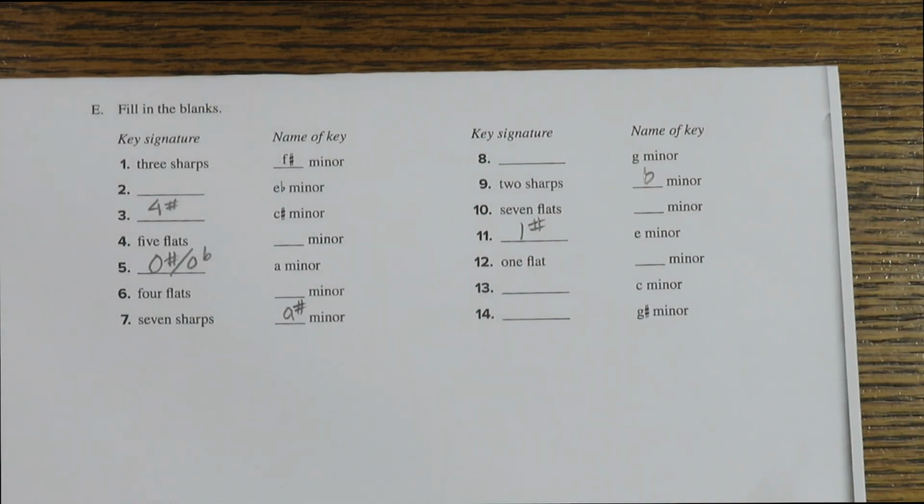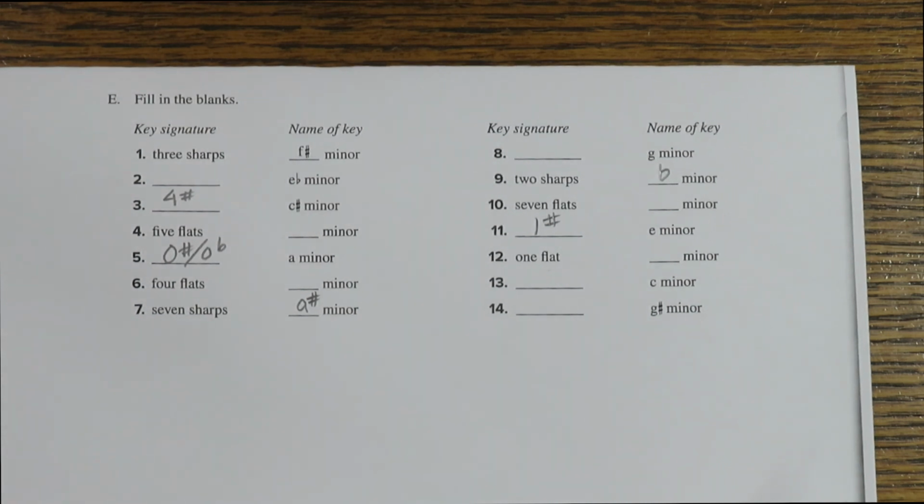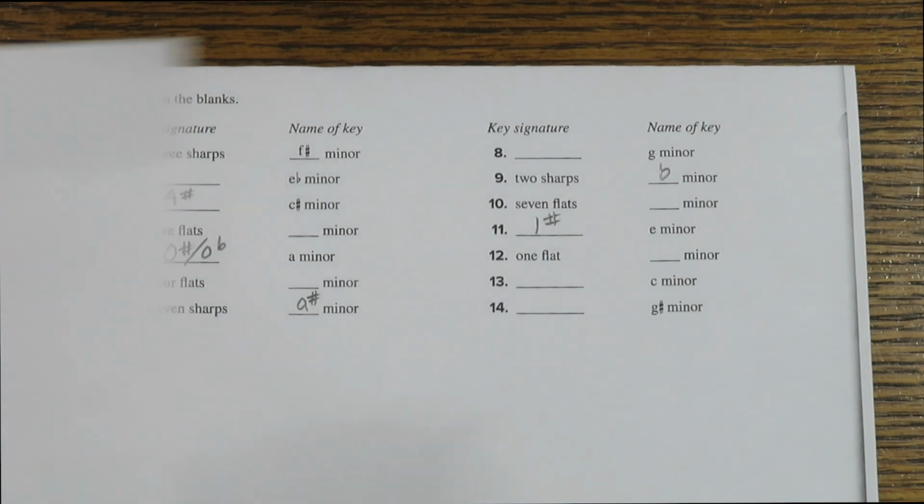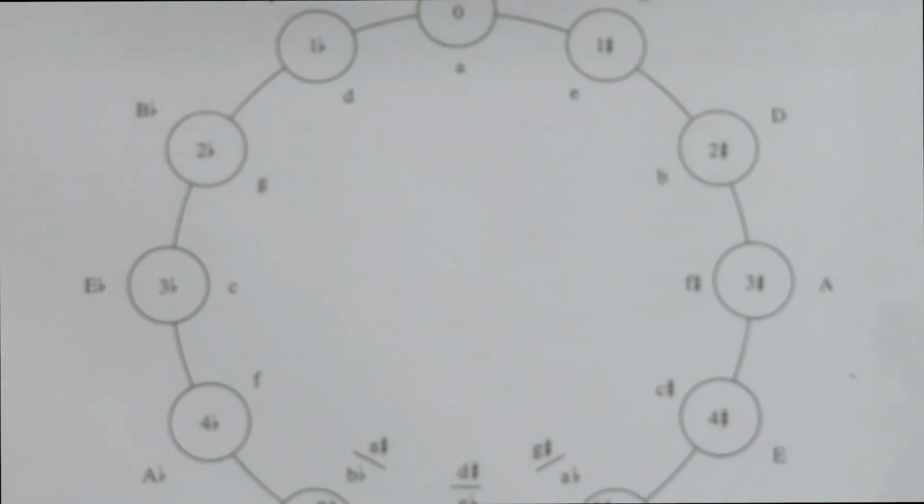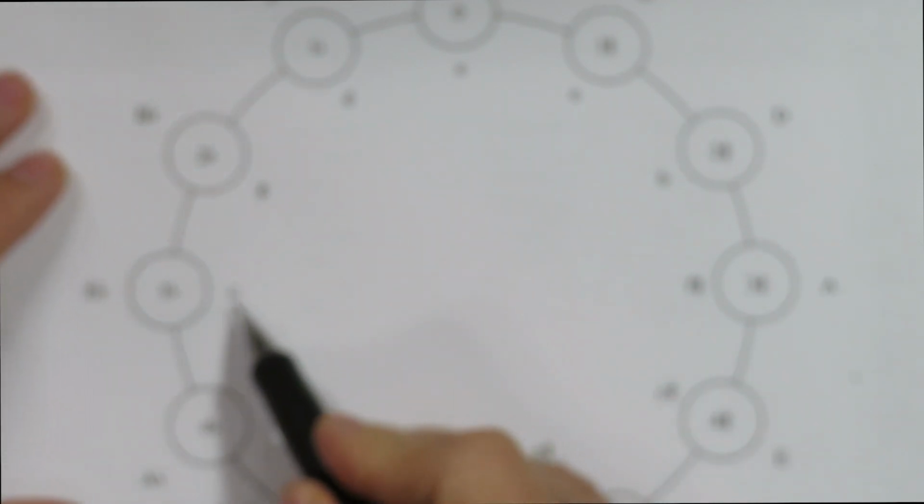And the last one, C minor. So, a minor third up from C, C, D, E flat, would land on E flat major. E flat major has 3 flats, and its relative C minor also has 3 flats.